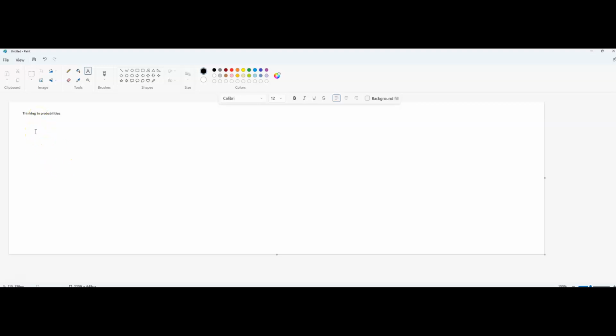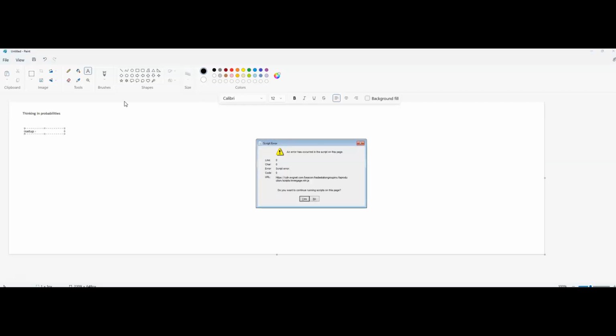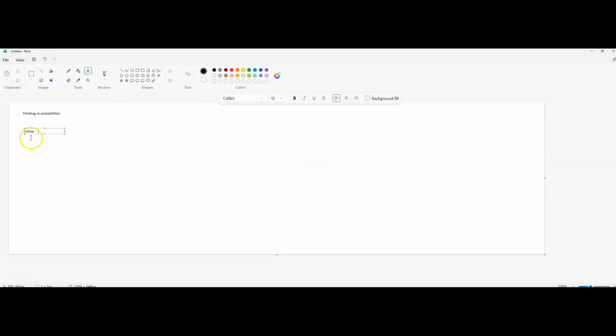Now, when it comes to thinking in probabilities, many people think it's just a win-loss rate, meaning I have a quote-unquote setup, and it has, I don't know, 65% win and 35% loss, right?